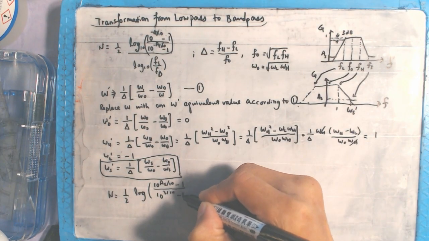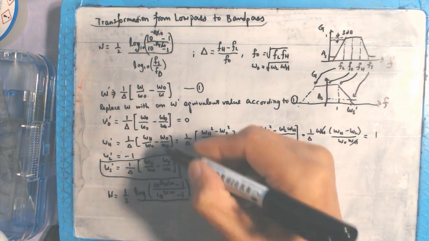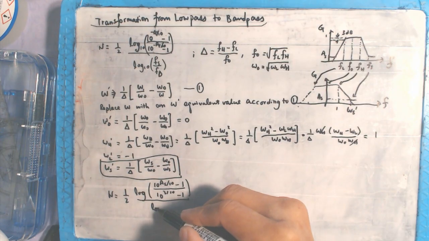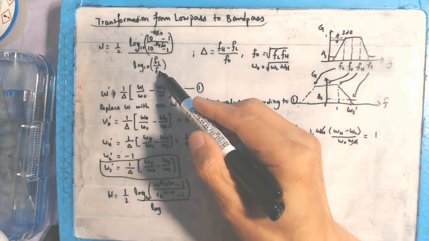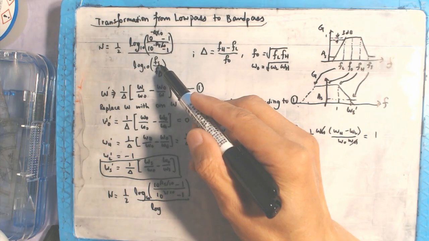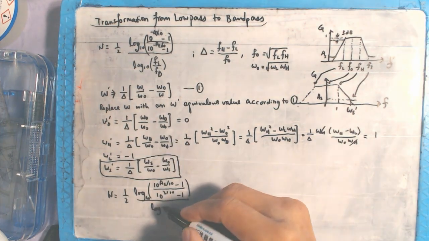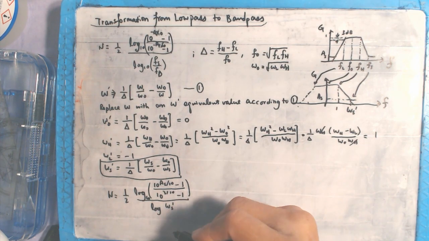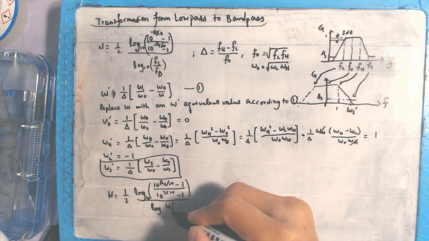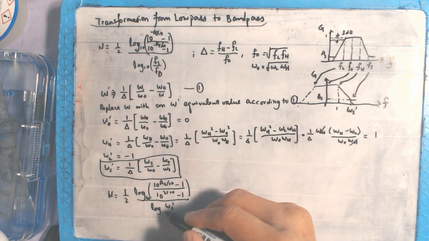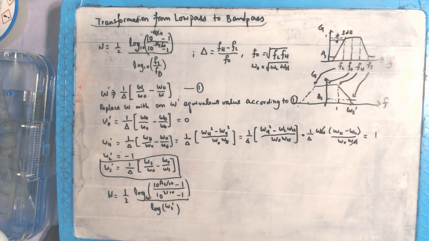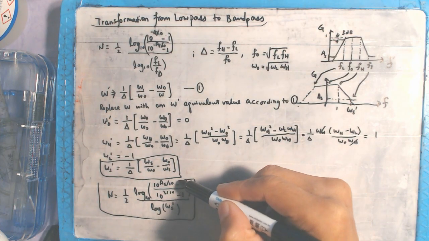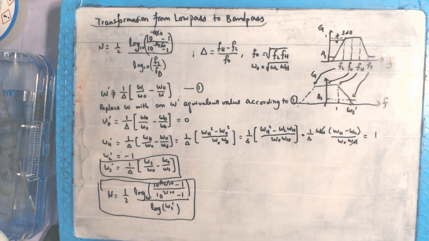And at the bottom here, you can just simply use log. Now remember the frequency scaling, after the scaling of the frequency, we will get omega S prime, and then the bottom will be 1. So this will be the formula for determining the order of the bandpass filter.